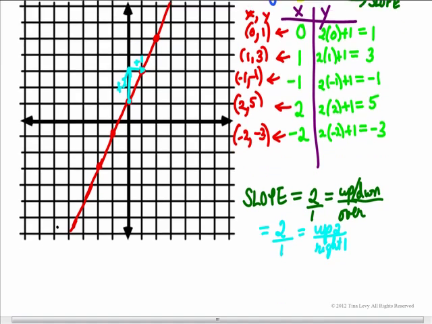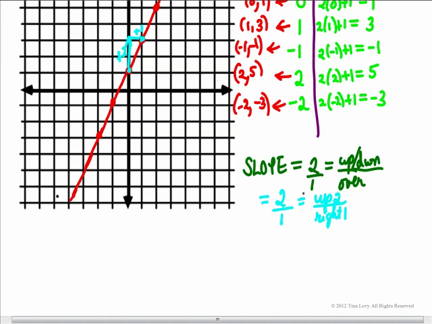Another way to think of this, instead of it being 2 over 1, it could have come from negative 2 over negative 1, which would tell us we would go from any point on the graph down 2, and the negative 1 would tell us we're going left 1. So if we take any point on the graph, if we go down 1, 2, then we would go left 1 to get another point on that graph.